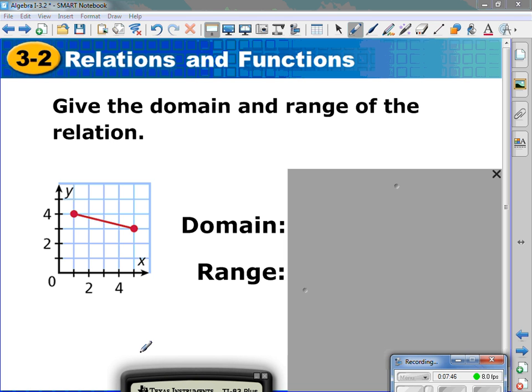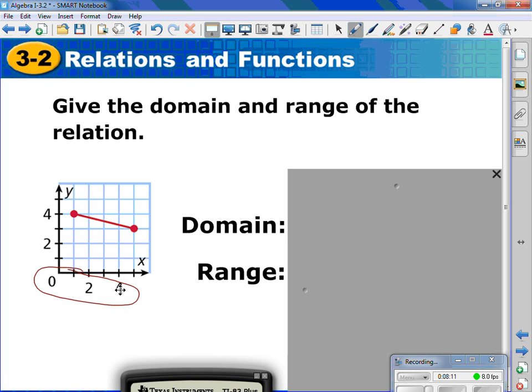For my domain. My domains are my x values. So we're talking about these numbers down here. Where do I start at? I start at 1 and I end at 5. And it's every single point in between. All the decimals, all the fractions.